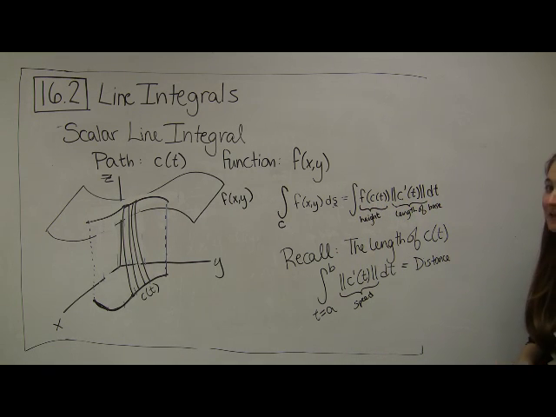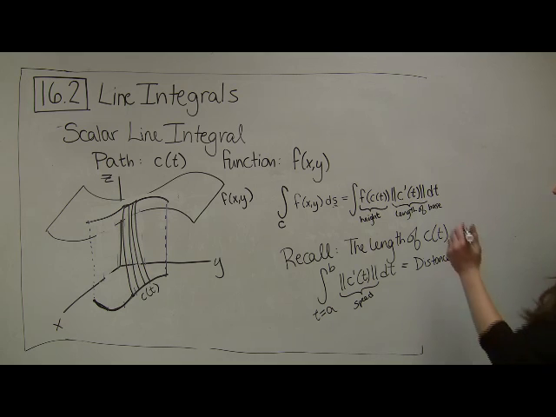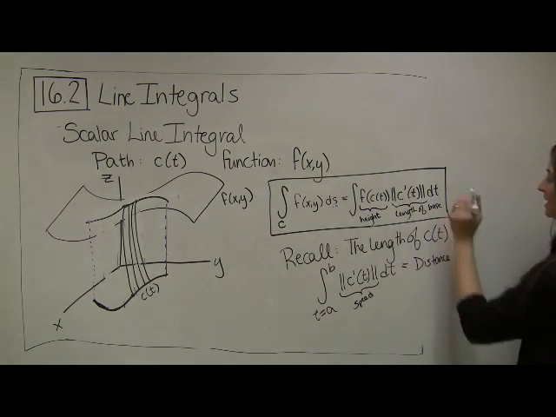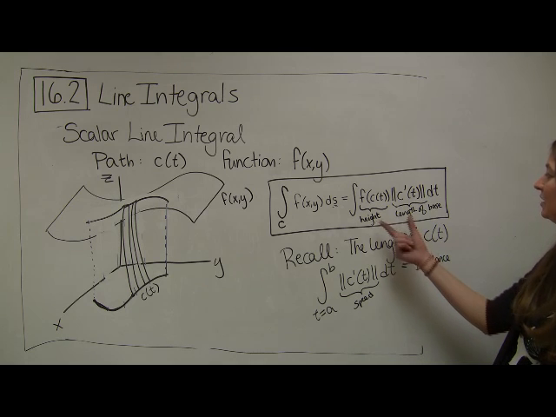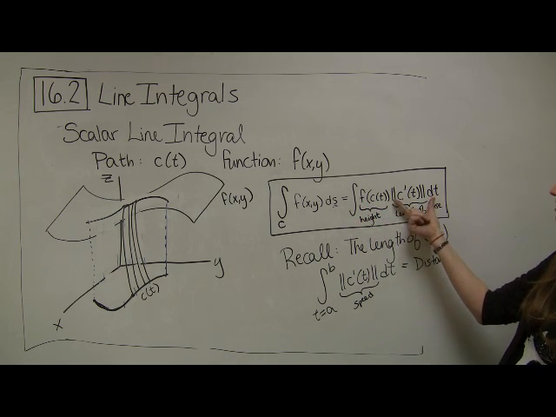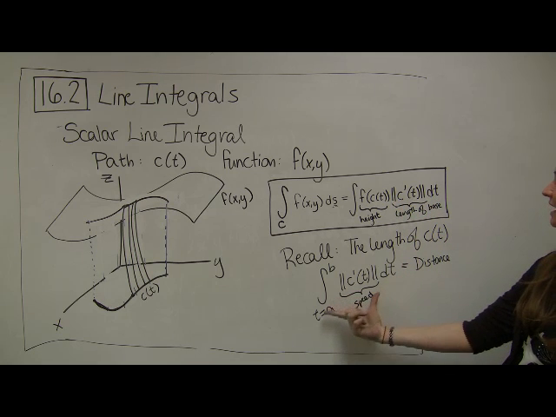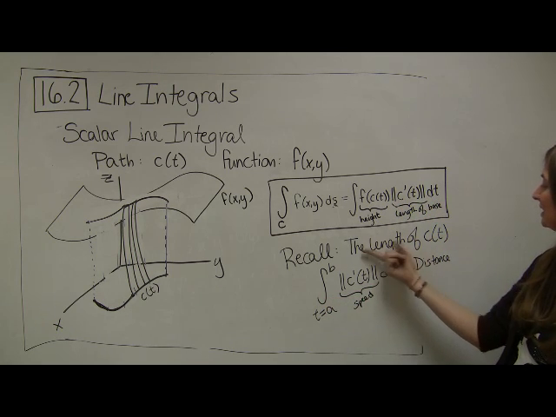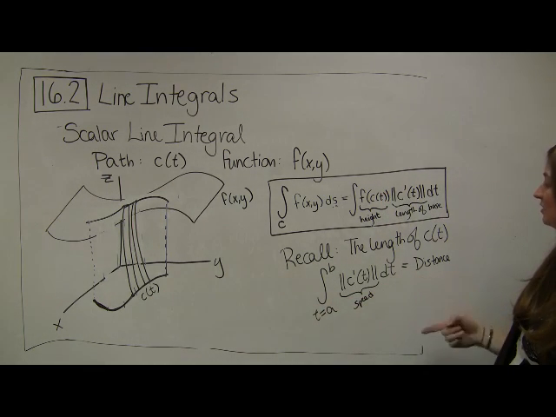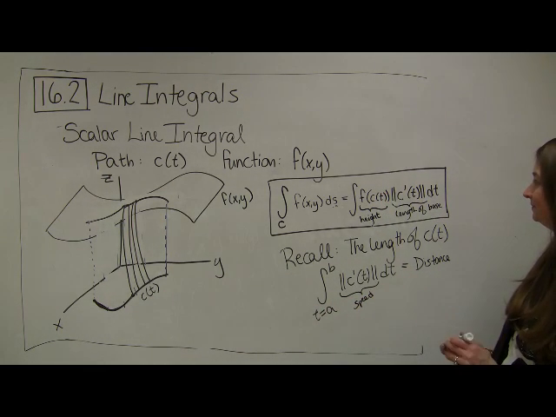So that's all the theory I want to talk about, and this is the formula you'll write down in your notes. But I want you to be able to tell me what this chunk represents: it represents the height. And the other chunk comes from the fact that the length of my path c of t is given by this arc length function.